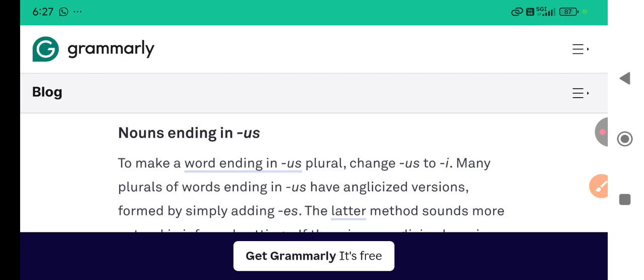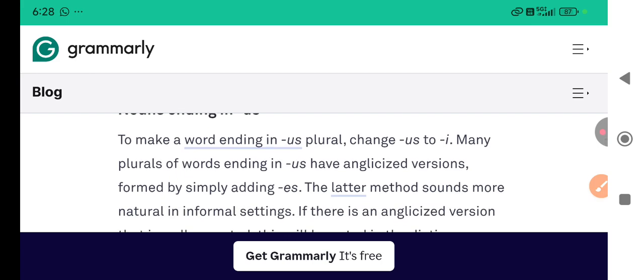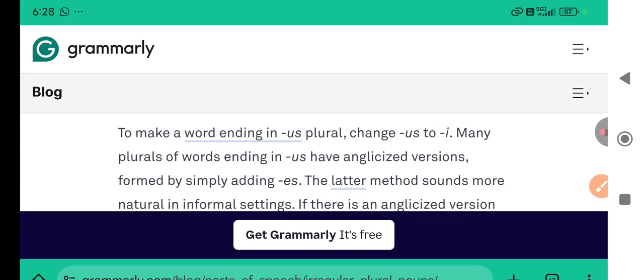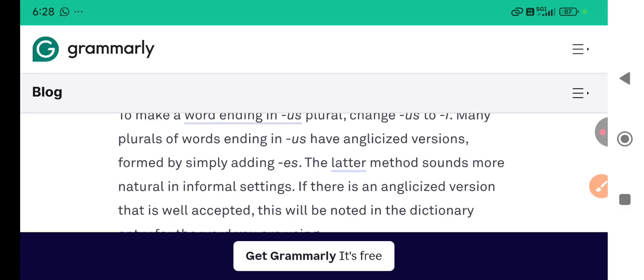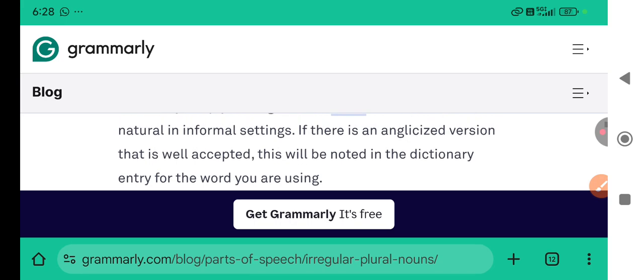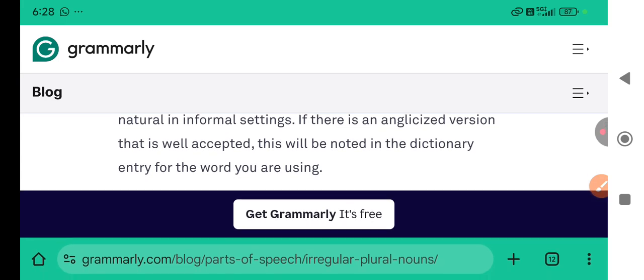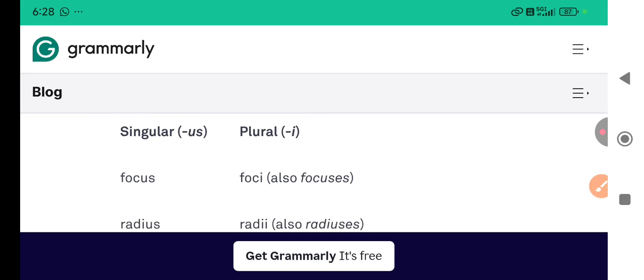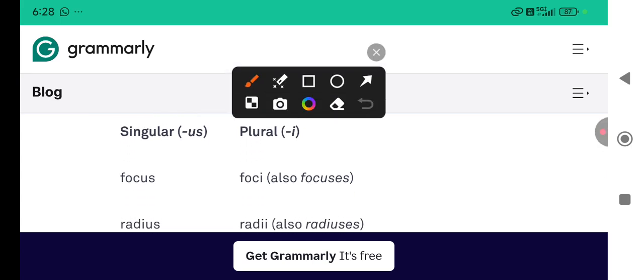Nouns ending in us: if there is an anglicized version that is well accepted, fine. Here the singular and plural are irregular: focus, foci, also focuses, sometimes, though rare.